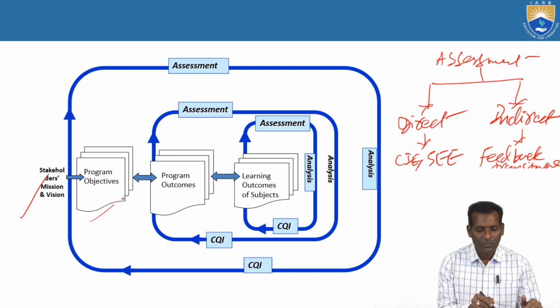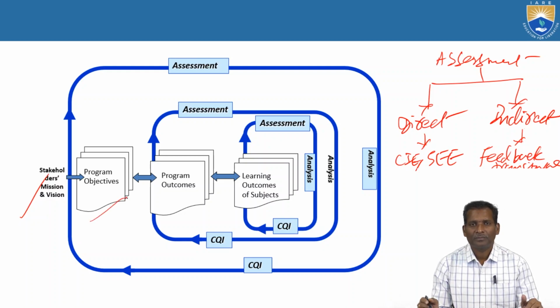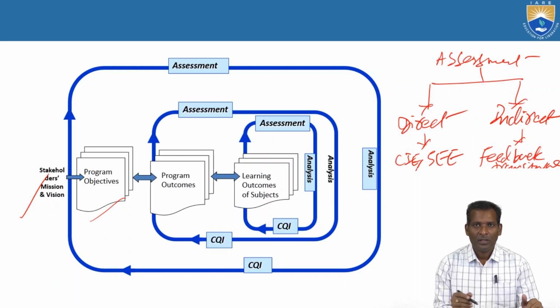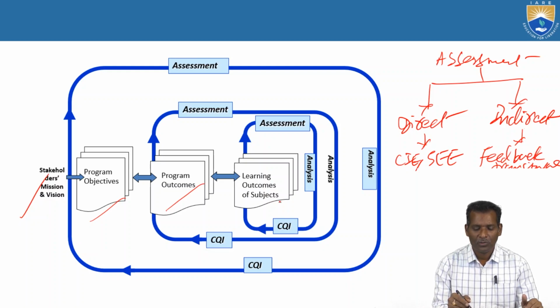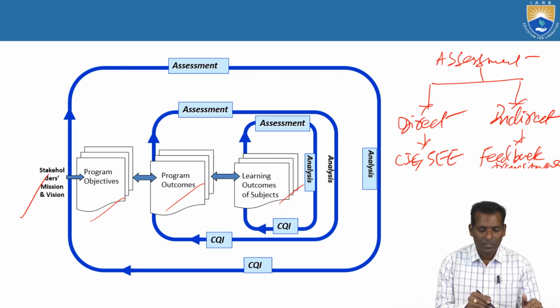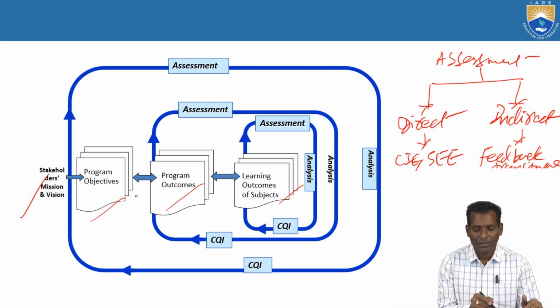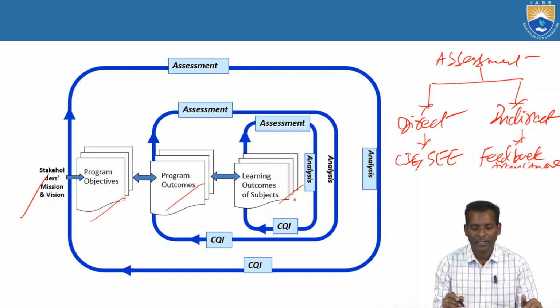After that, program objectives. So define POs, program outcomes, and the learning outcomes of subjects, the COs, course outcomes. After defining these, this is a continuous process: program objectives, program outcomes, and the learning outcomes of subjects.